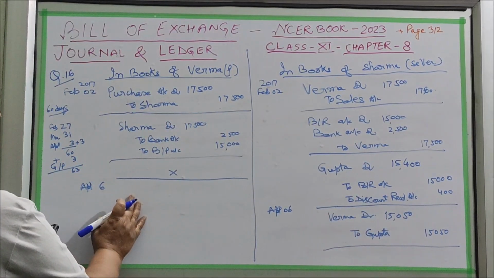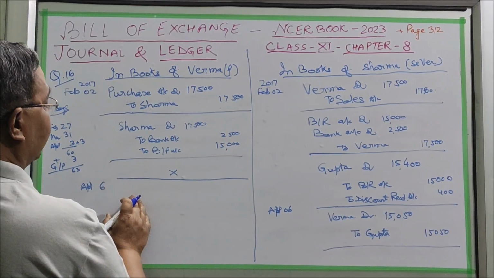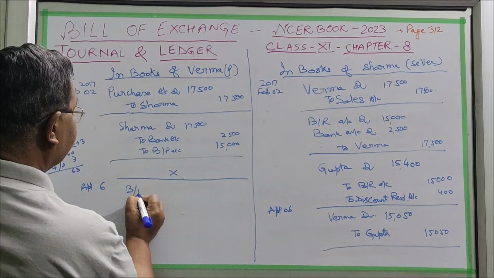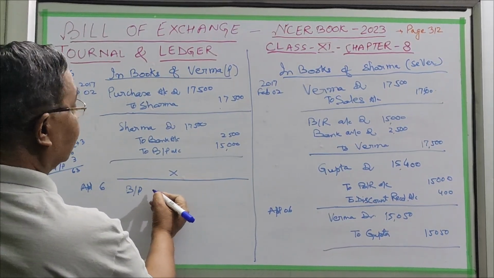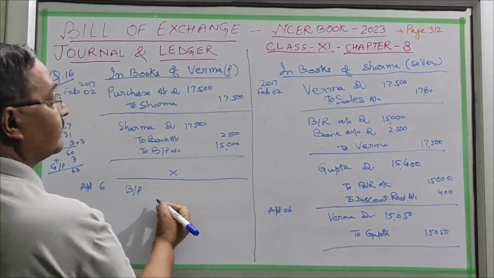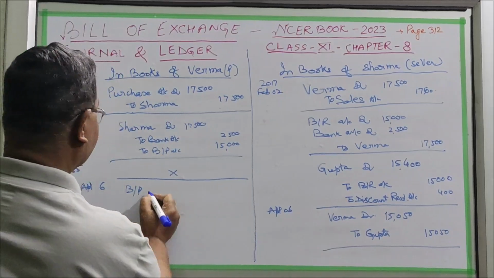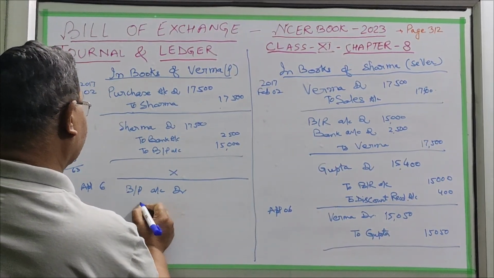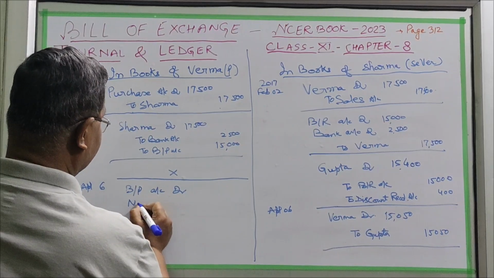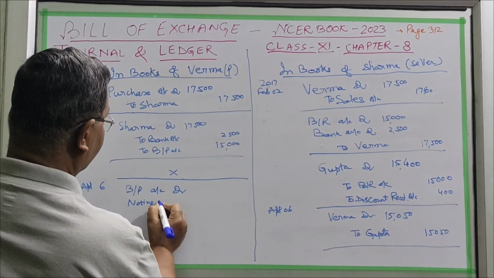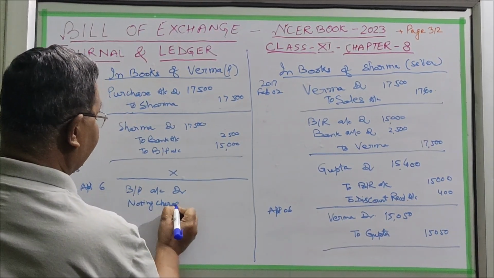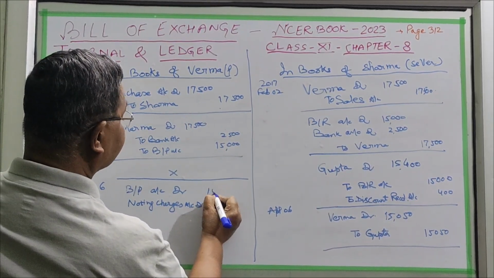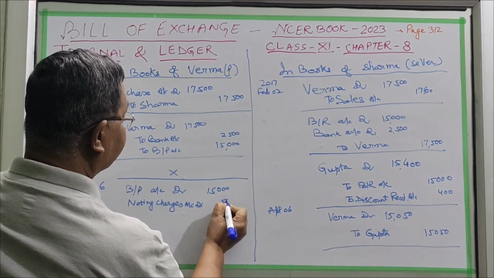Here he is dishonoring the bill, so his bills payable will come back. BP will come back: bills payable account debit, noting charges account debit, because it is expenses for him, 15,000 and 50 rupees.